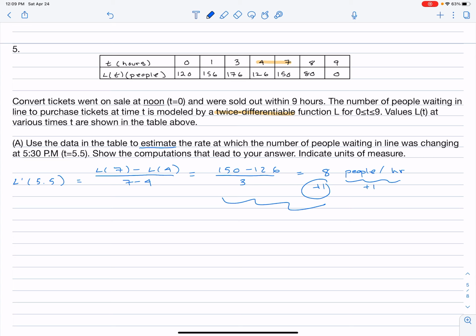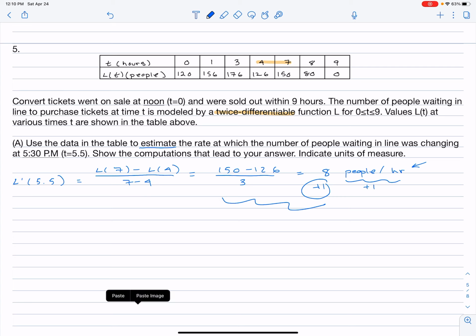In other words, let's say you had no idea how to figure out L prime of 5.5, but you knew it's going to be people per hour. If you put people per hour, you don't know the number, but you're probably going to get 1 point just for knowing the units. So be careful on that. But that also means if you forget the units, you're losing half the points on the problem, assuming, of course, it's a 2-point problem.